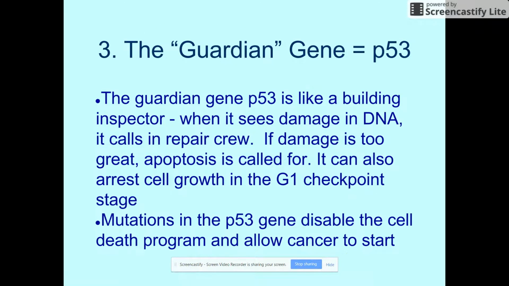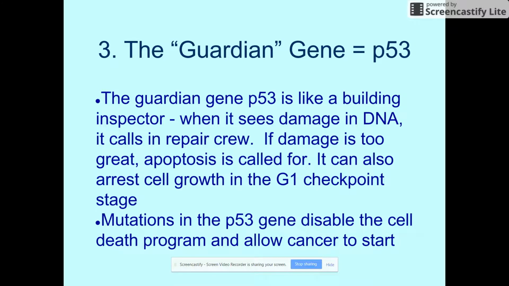Third type of gene, P53 gene, is rather famous and it's extremely common. I think it's like half of the cancers out there, half of the diagnosed cancers now involve P53. So much so that it has been called the guardian gene. So normally functioning P53 is an amazing gene that's basically a proofreader or kind of like an inspector that after we go through the synthesis of DNA, it will scan the genome and make sure that there isn't any damage in the DNA.